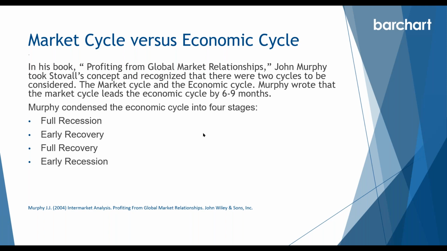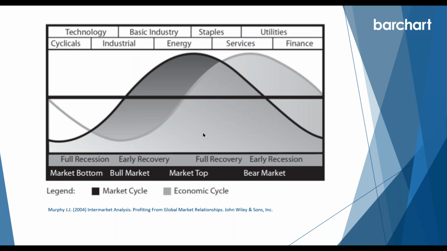So, Murphy proposed this graph. Let me walk you through it. Here's the black line, this black hump represents our market cycle, and the gray line represents our economic cycle.